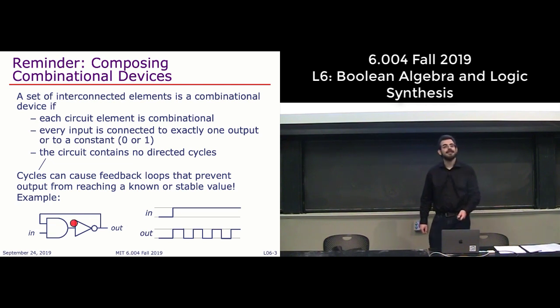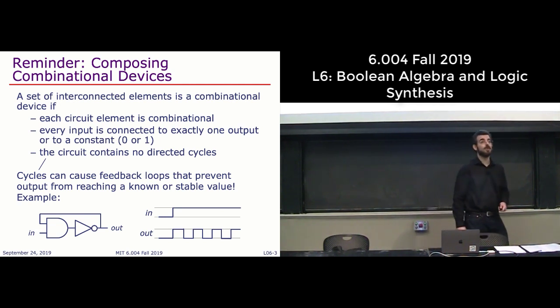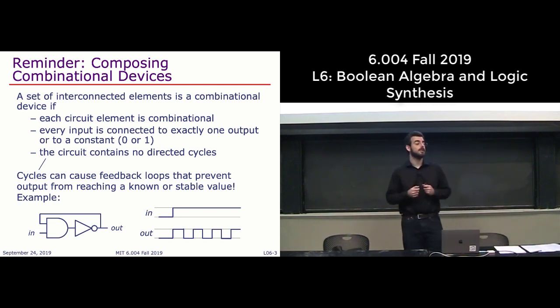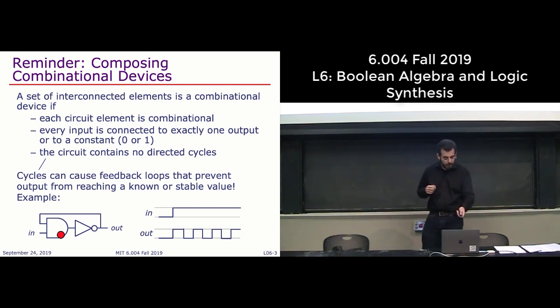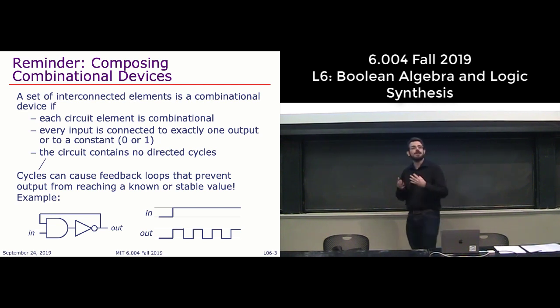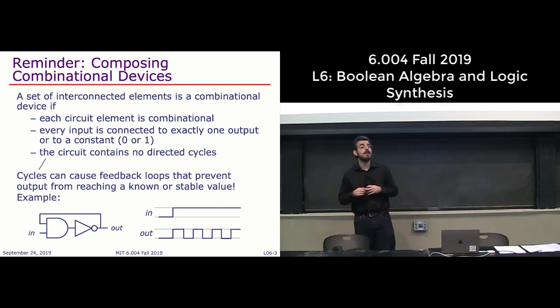Here I'm drawing this nice square wave, but really we don't have the tools to know what the shape of that wave is. You have to go fairly deeply into the implementation of that AND gate and that inverter to figure out whether the output actually reaches a valid digital value. Maybe if these gates are both very fast, then the input starts going down very shortly after the output starts going up, and so the output never reaches a valid digital value.